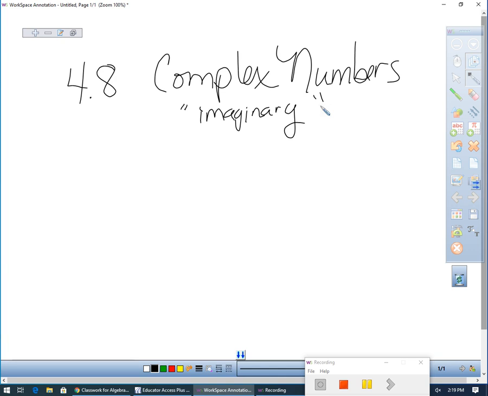I want to remind you where imaginary comes in. If we have the square root of -1, we cannot have a negative underneath the square root. So this negative comes out as an I. The square root of -1 is I. So then, if I have I squared, that is technically the square root of -1 squared.